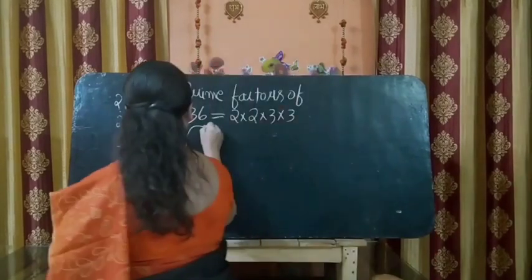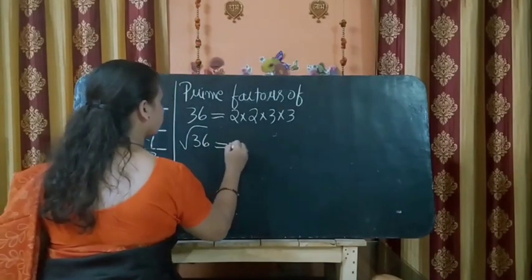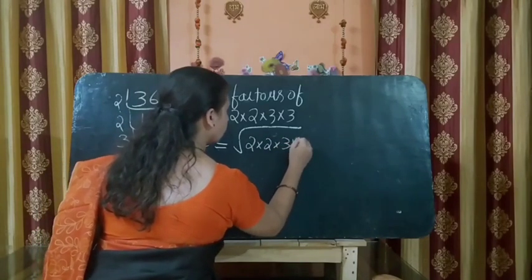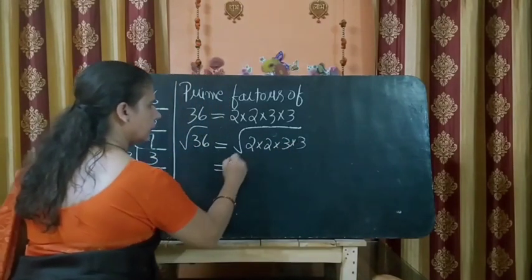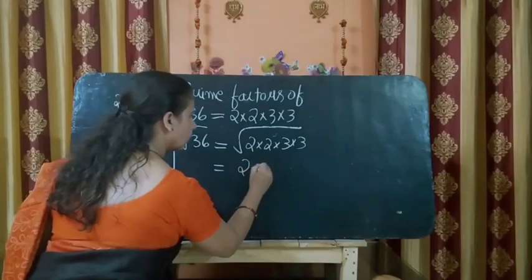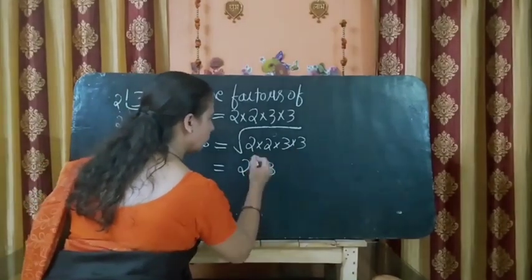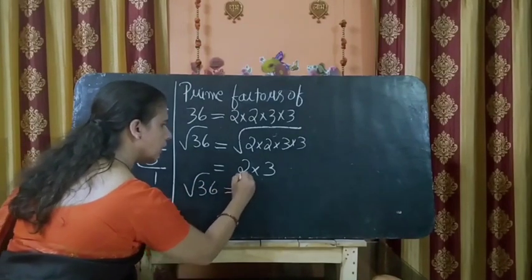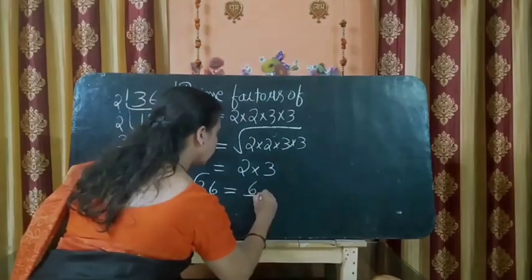Here, square root of 36 equals 2 into 2 into 3 into 3. From this, we have to take one 2. From this also, we have to take one 3. Then square root of 36 equals 2 3s are 6.